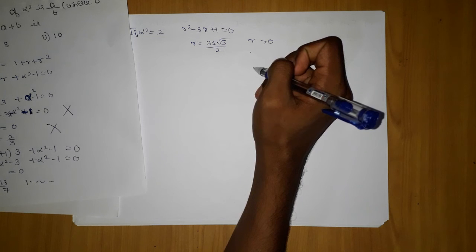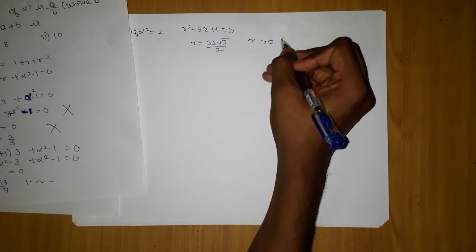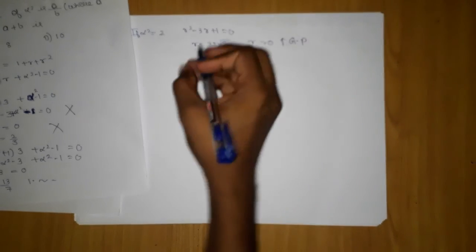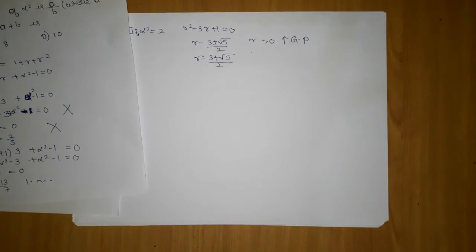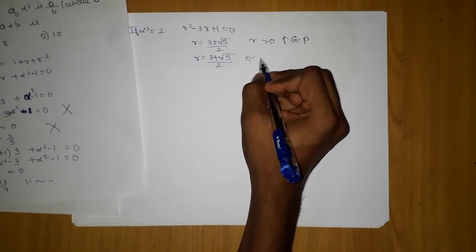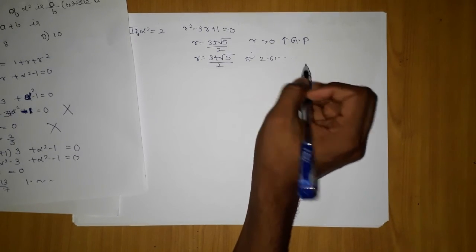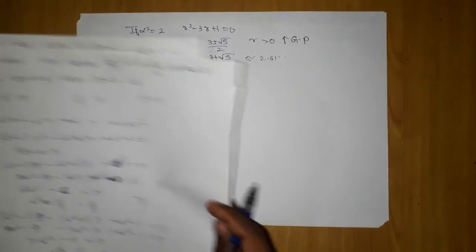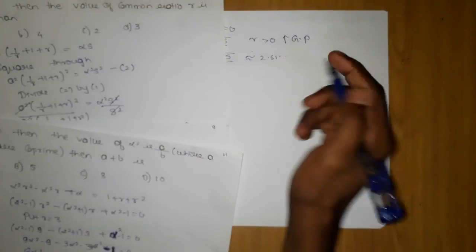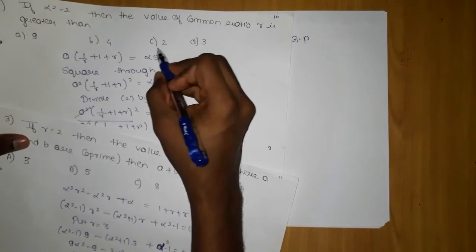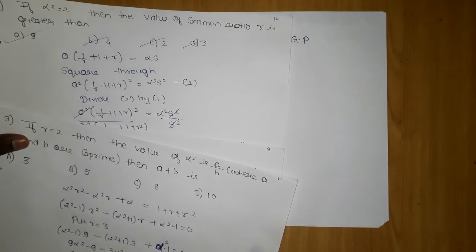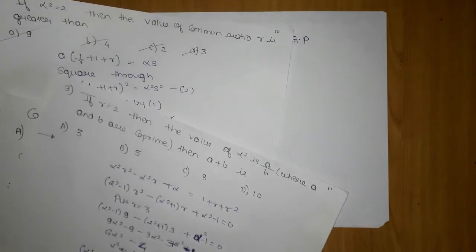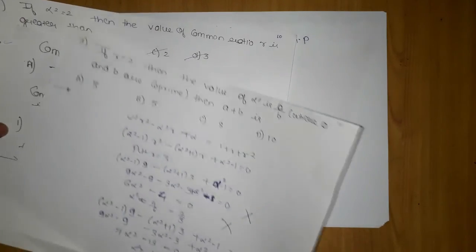So since they have mentioned increasing GP, we will take r is equal to (3 plus under root 5) by 2, giving me finally, if I calculate, approximately 2.61 something, okay, which is approximately 2.6, right, so greater than 2 point something, greater than this, greater than this, greater than this. So we are getting which is 2, which is greater than all of the numbers, okay.